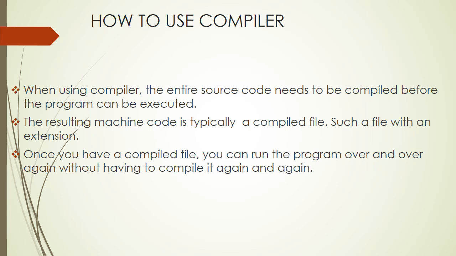The resulting machine code is typically a compiled file, such as a file with an extension. Once you have a compiled file, you can run the program over and over again without having to compile it again.